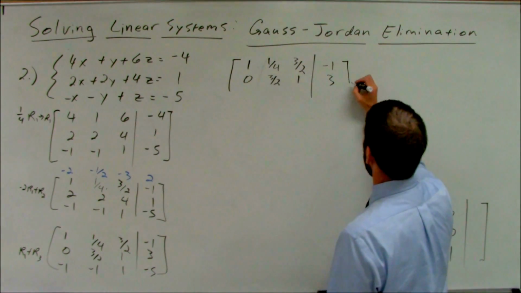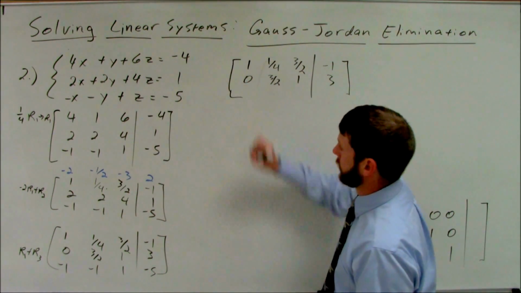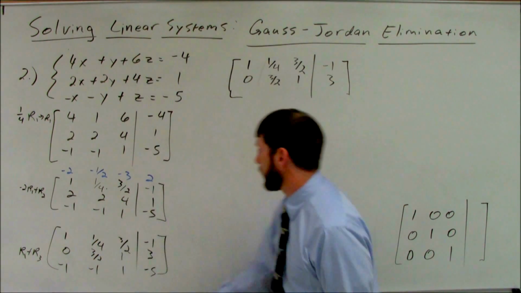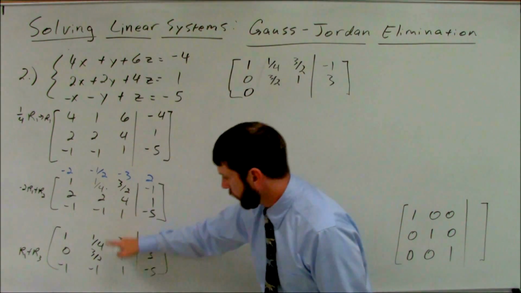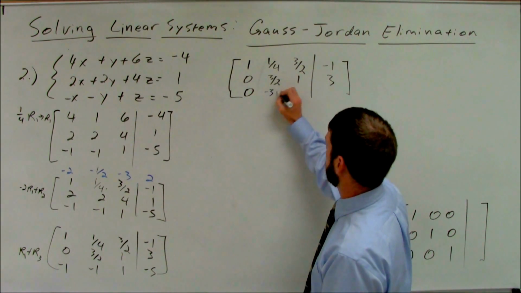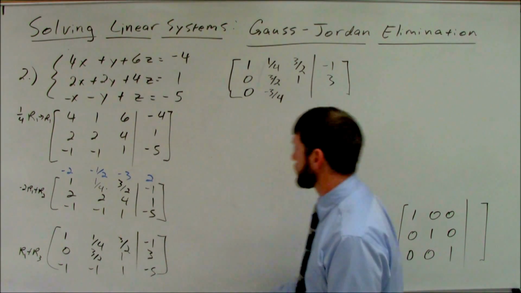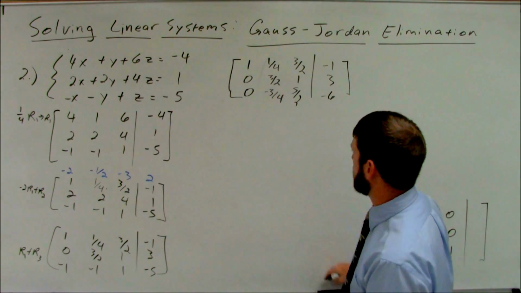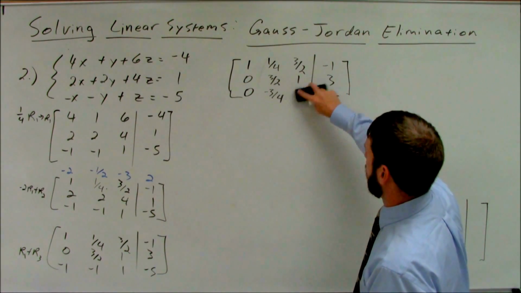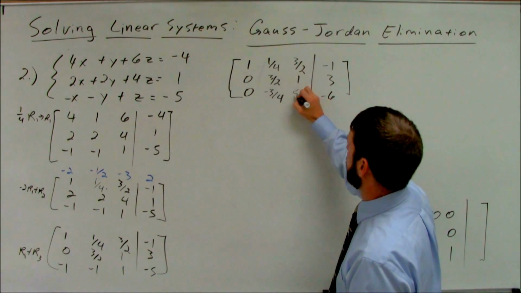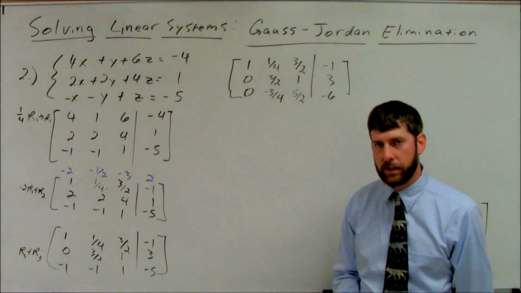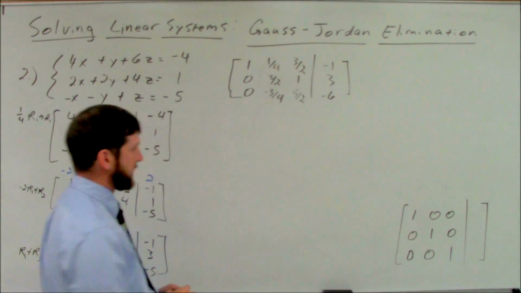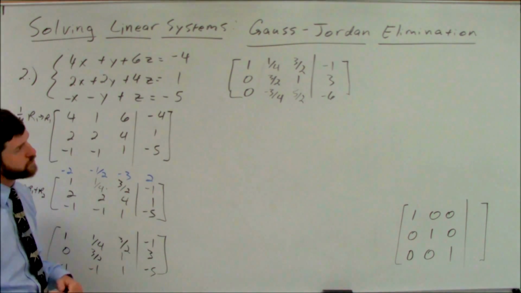And we'll get a new row 3 just by adding them up. 1 plus -1 is 0. 1/4 and -1 is -3/4. 3/2 and 1 is 5/2. -1 and -5 is -6. So you just have to kind of work with these fractions and live with them. They'll shake themselves out in the end if the system is neat, has a nice, neat solution.